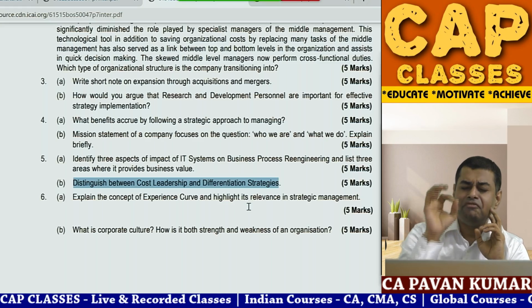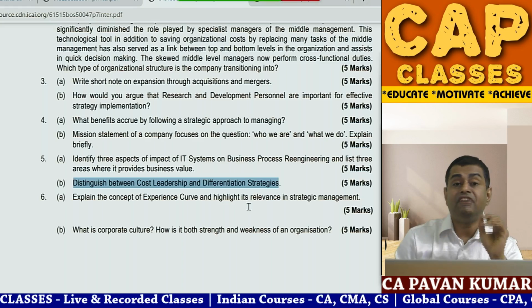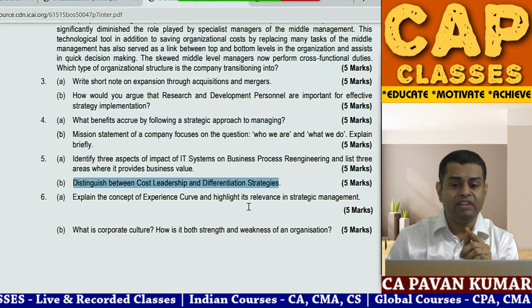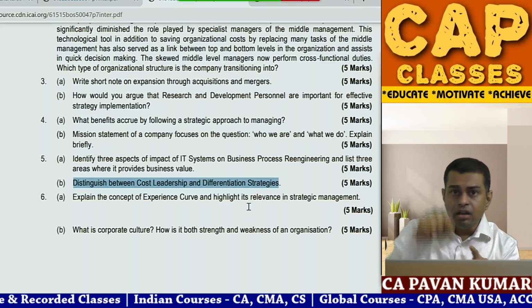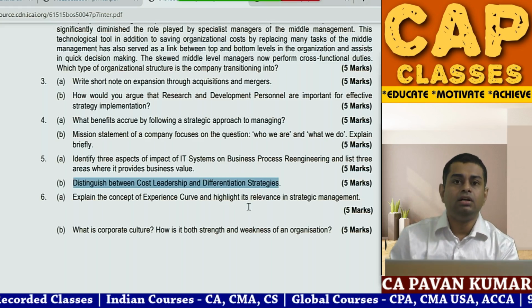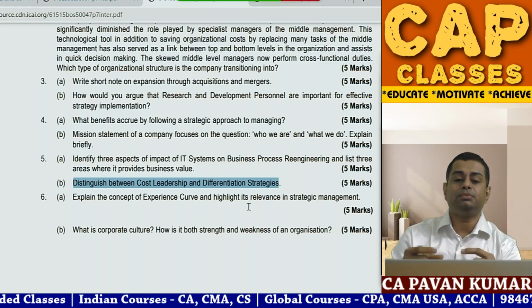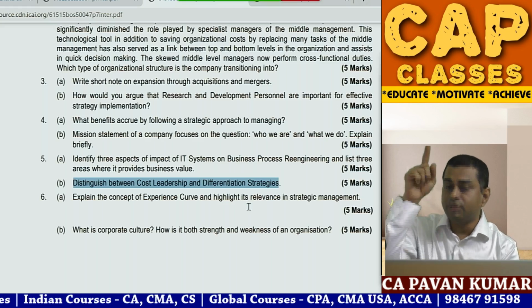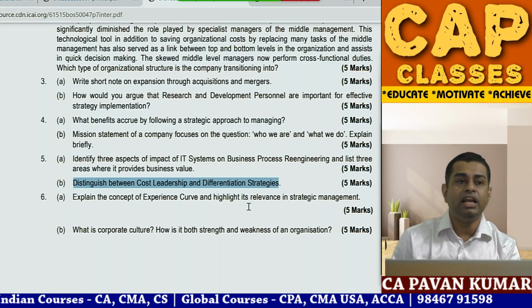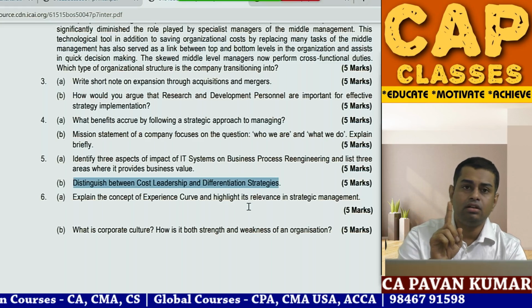And remember one very important thing. Whenever they ask you to distinguish between A and B, like an LKG student, you don't need to draw a table. Table showing differences between cost leadership and differentiation, particulars, cost leadership, differentiation, 1 meaning, 2 — not required.